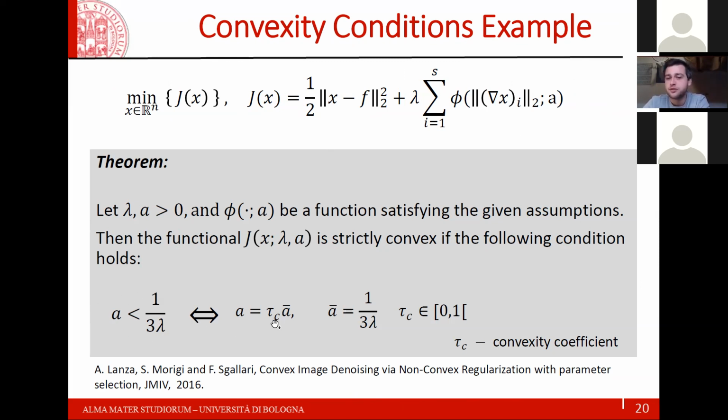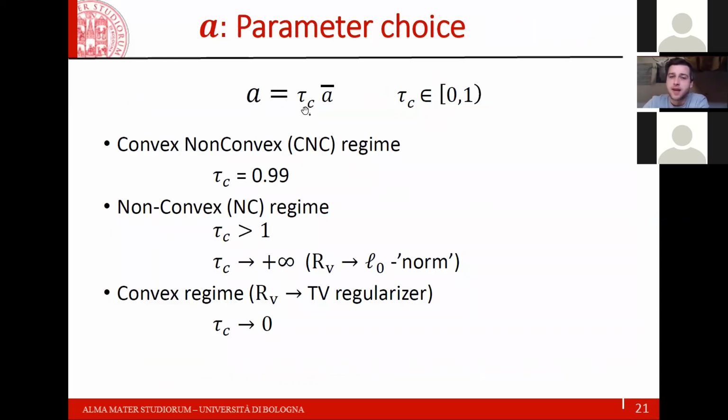Therefore, if we introduce a convexity coefficient tau c that multiplies A bar, the threshold value, this allows us to even play with different regimes of the model itself.